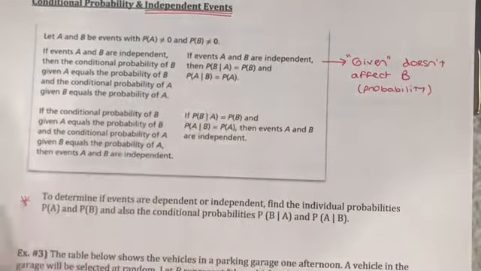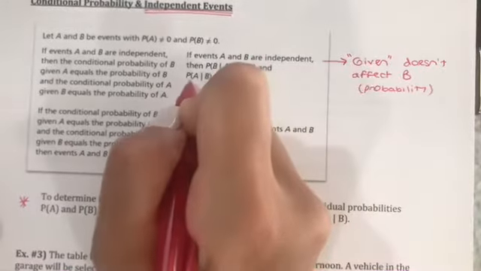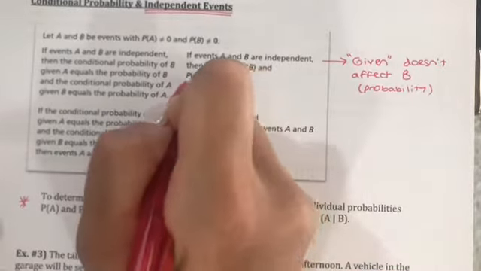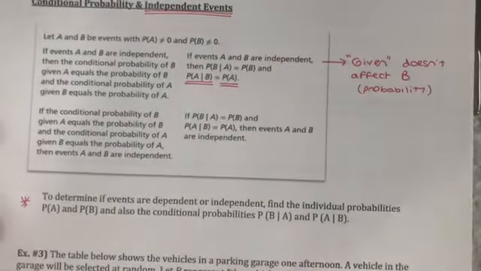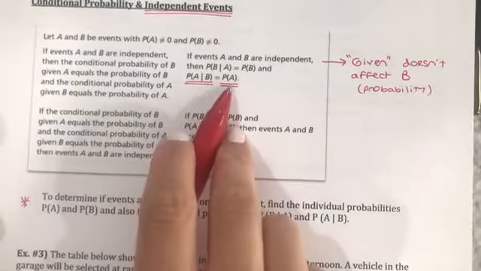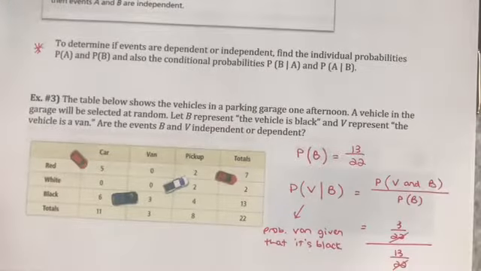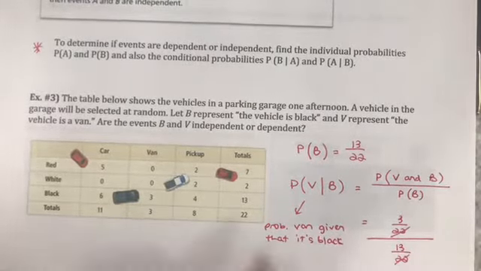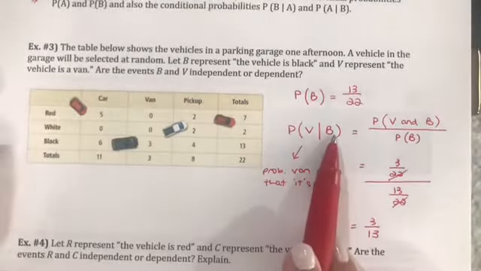So what we're looking for, going back up to our stuff up here, is if the events are independent. That means the probability of A given that B happens would have to be the same as the probability of A on its own. We've got the probability of V given that B happens.